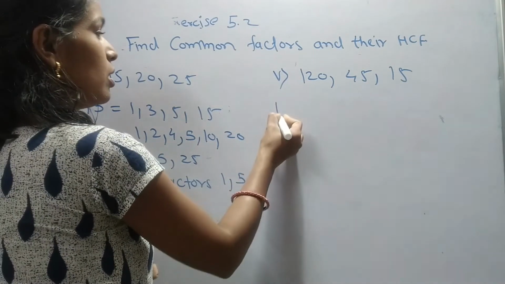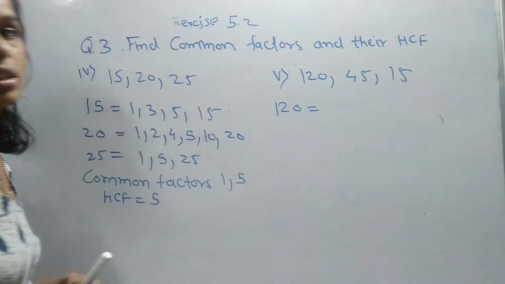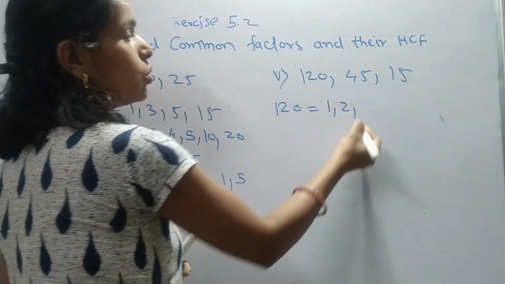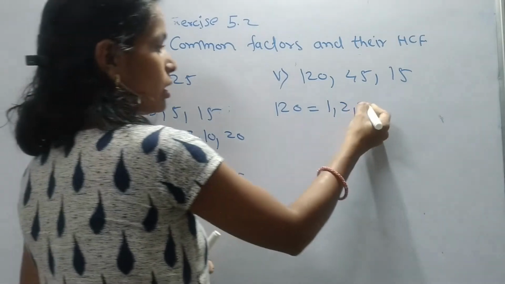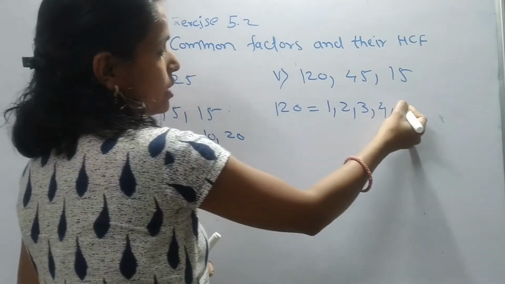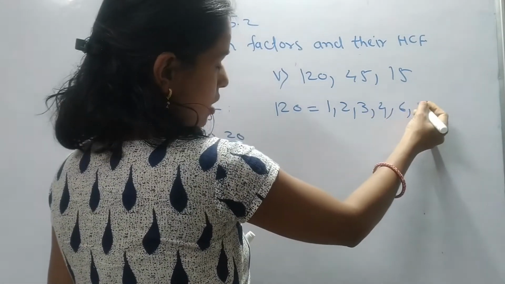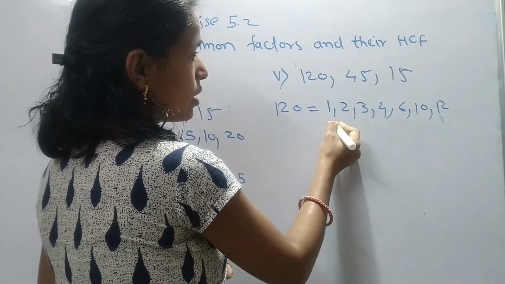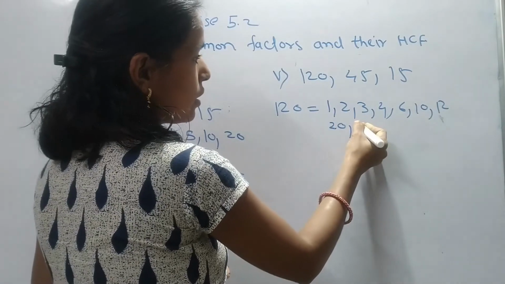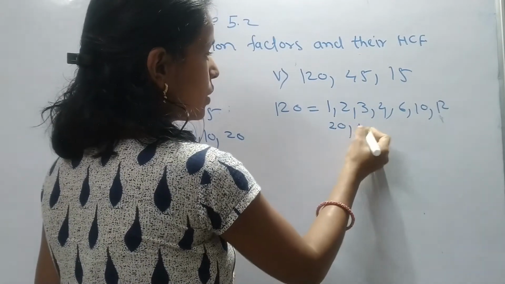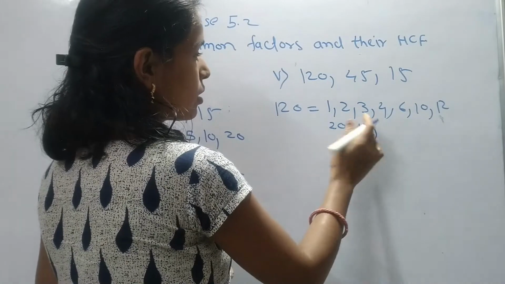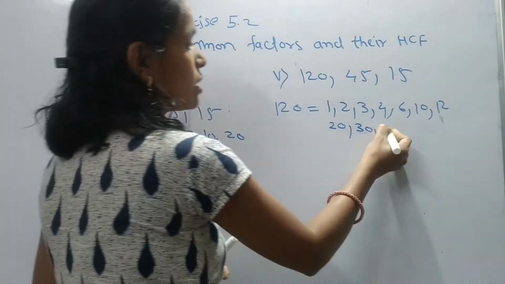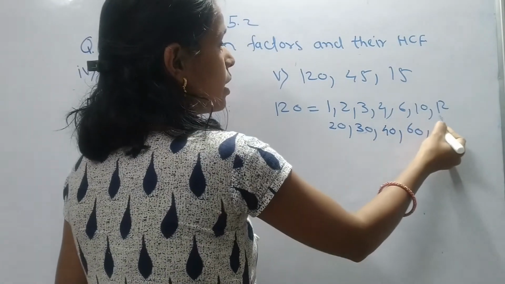Now, next let's solve 120, 45, and 15. Factors of 120 are 1, 2, 3, 4, 6, 10, 12, 20, 15, 30, 40, and 60.